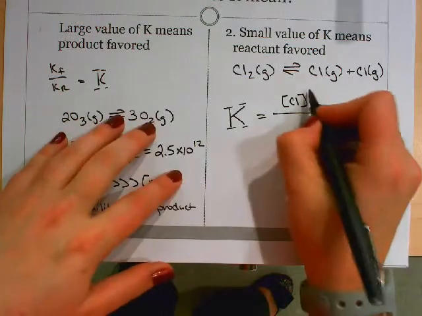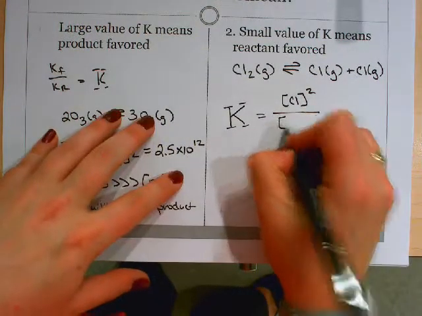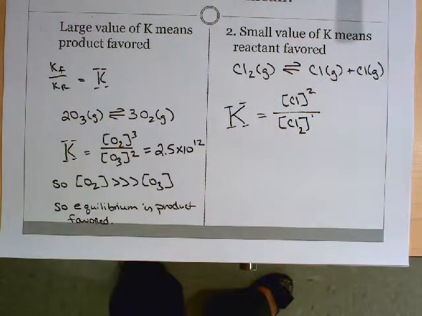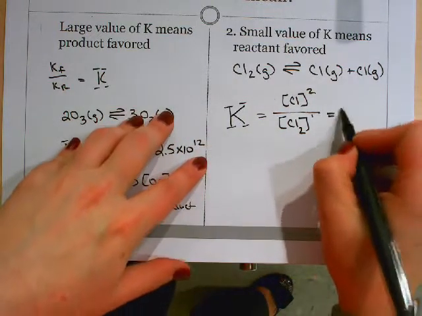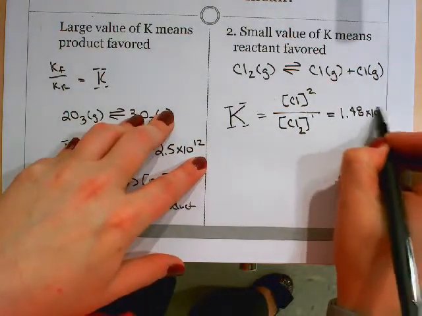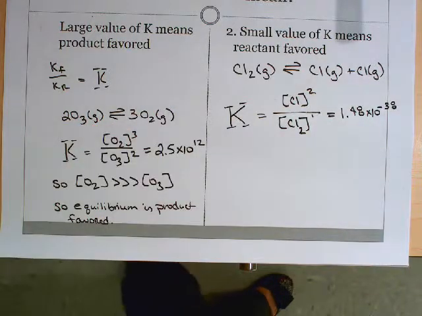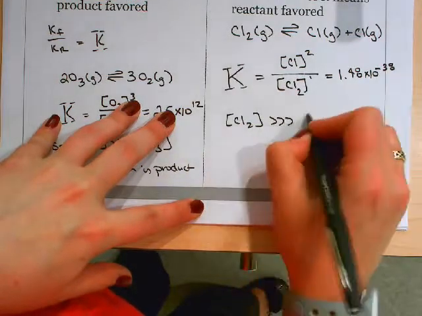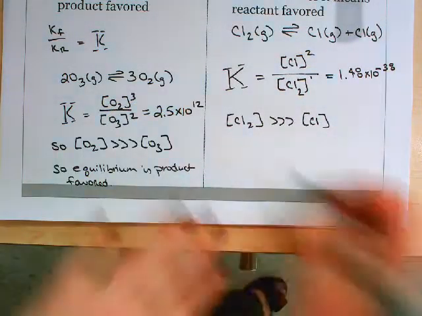So you can either write them out twice. You just see that. That's fine. What about my denominator? 1. Yep. Alright, if I tell you that that is .48 times 10 to the negative 38. What does that tell you about the direction that this is going to go? It's very much reactant favored. It makes almost no products. Right? Reactant favored.